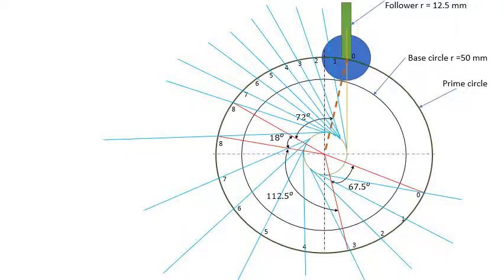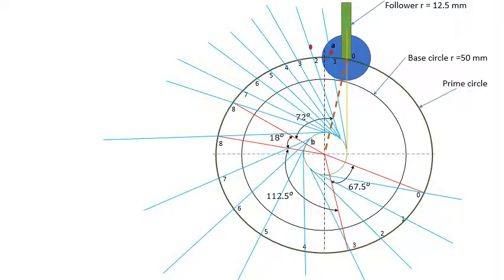Next we have to mark the cutting points. In order to mark the cutting points, consider the displacement diagram. From the displacement diagram, measure the distance 1 to A along the vertical direction and transfer the same here. That is the first cutting point.